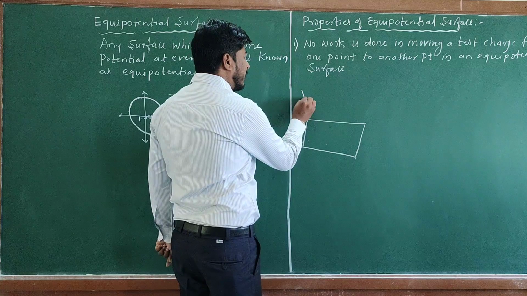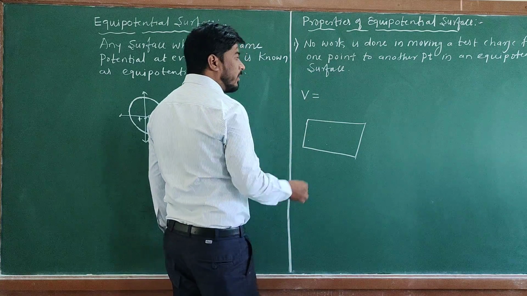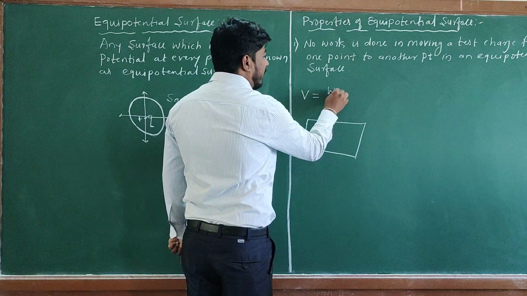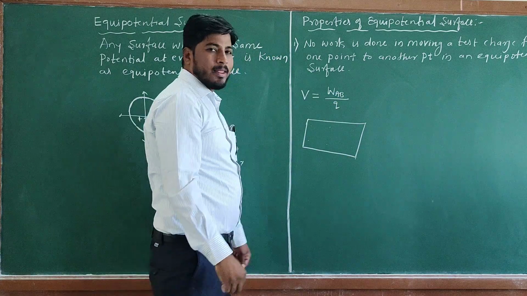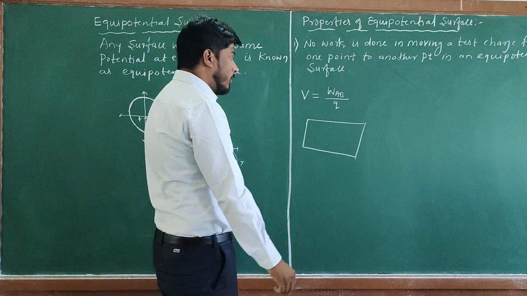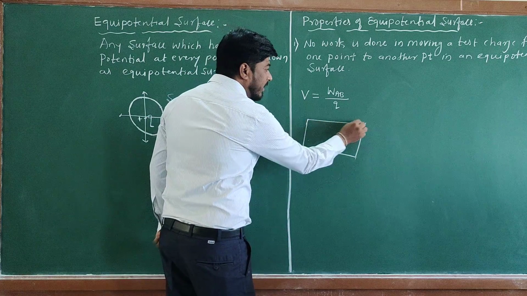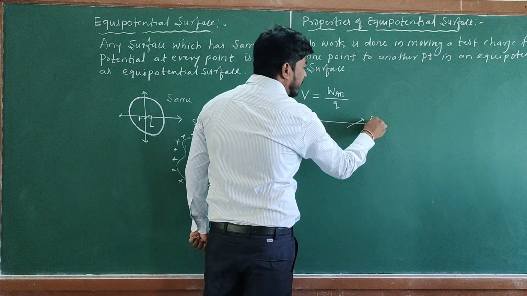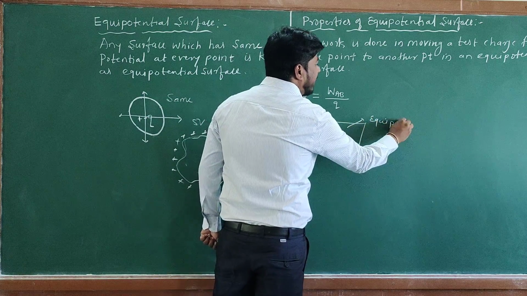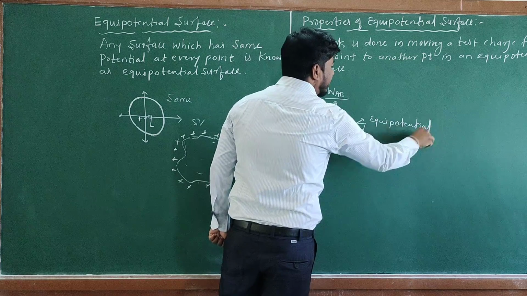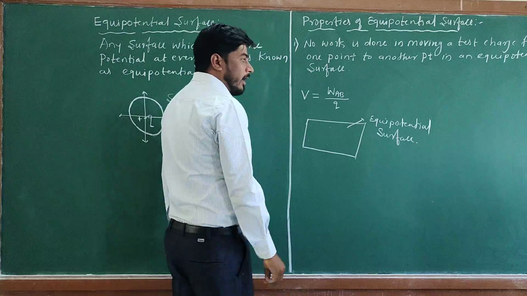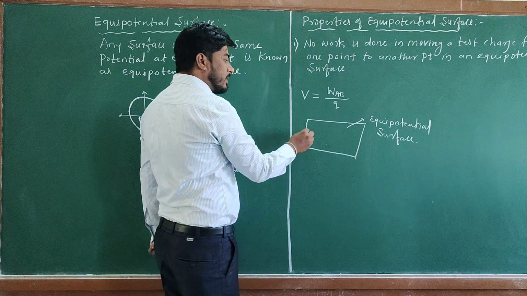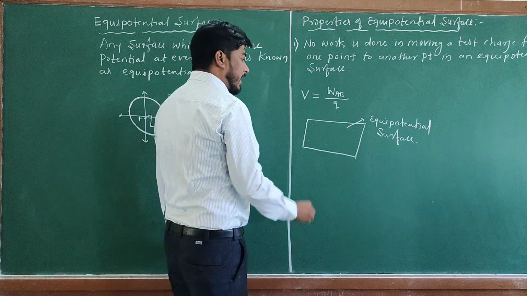We know that potential V is equal to work done W upon q. This is the equipotential surface, and on the equipotential surface, the potential at every point is the same.